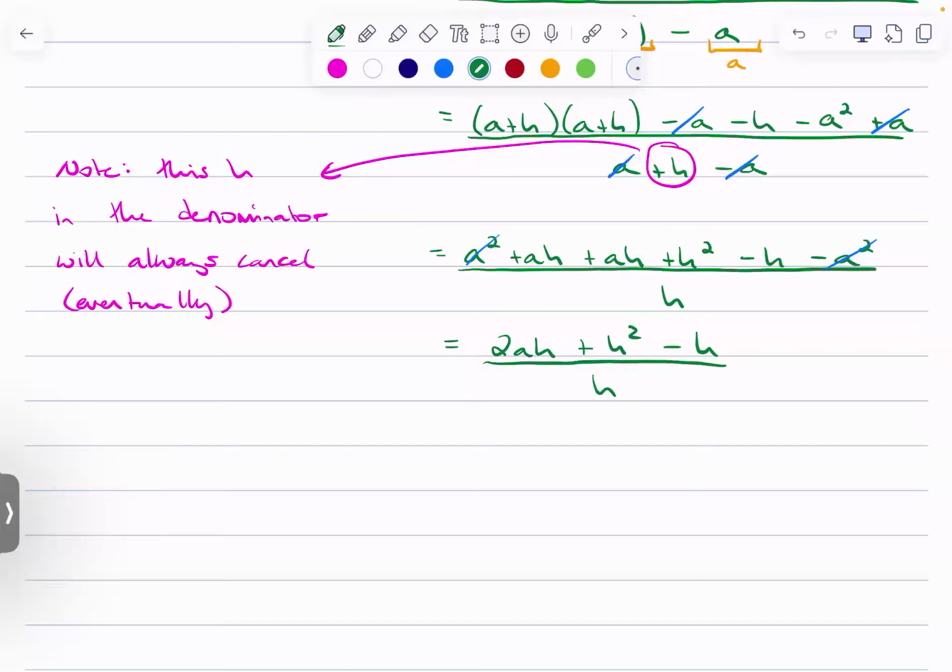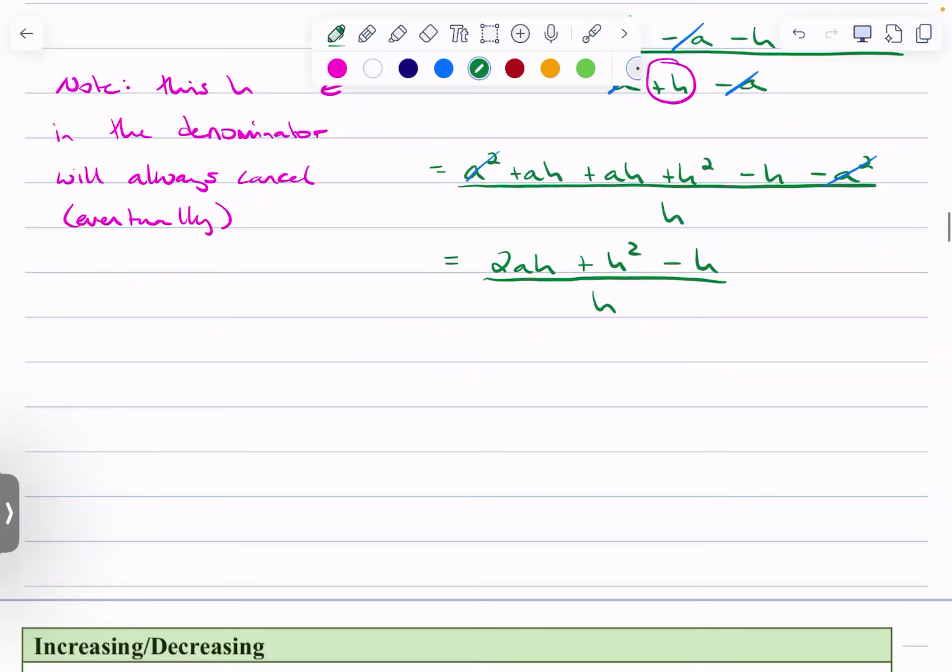I like to pull out a common h out front before I cancel. You're welcome to just cancel if your brain can do it: take away one h, take away one h, take away one h. That's fine, but I don't like to do that; it's just personal preference.